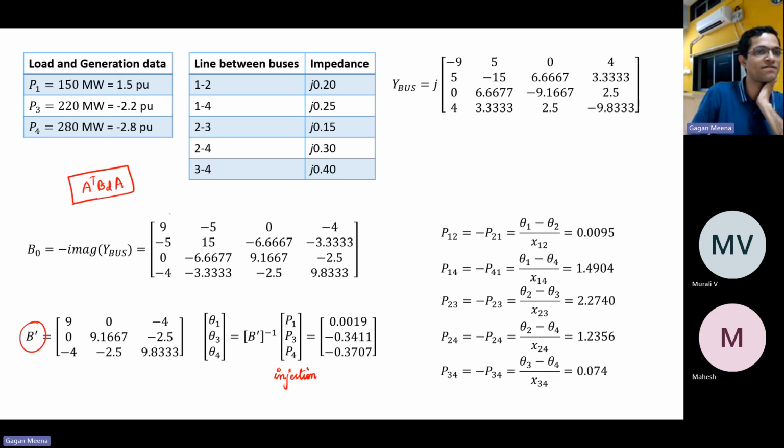Do you remember? You can calculate B like this: A transpose BD into A. Then the negative sign and all these things will be taken care of simply by this, and flow also you can calculate directly.